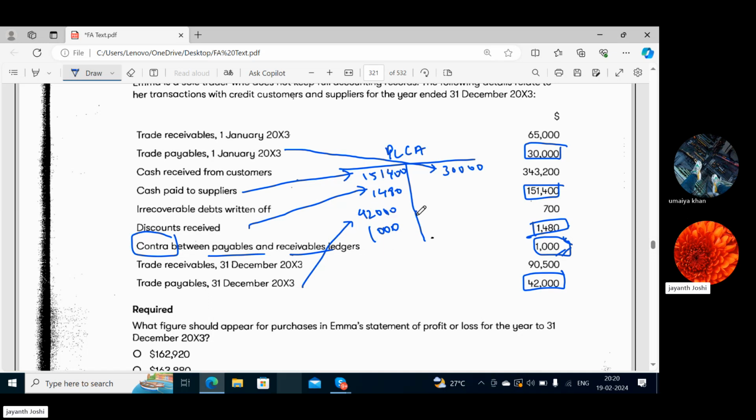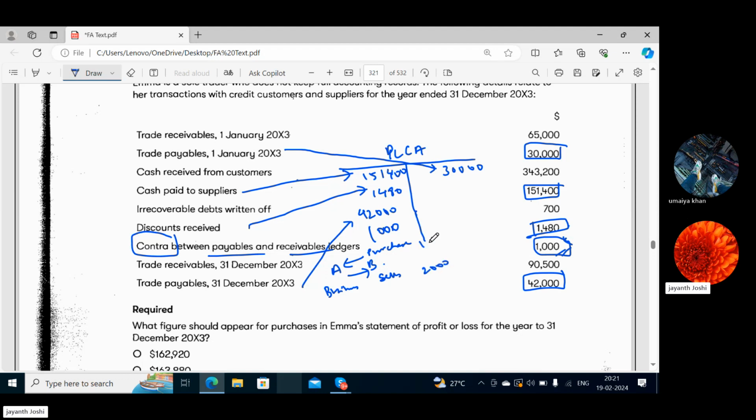So contra means, suppose we take an example of this contra entry, like A and B are there. A is the business, A is us. So A sells to B also and purchases from B also. Suppose the amount of sales is say 2,000.